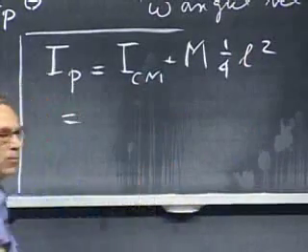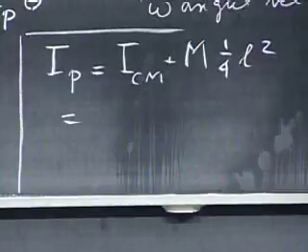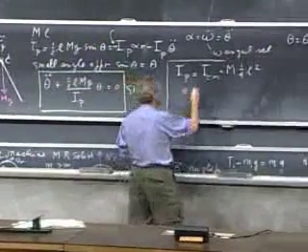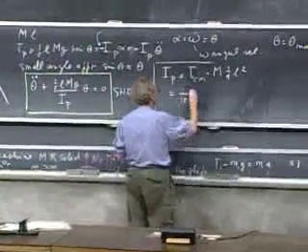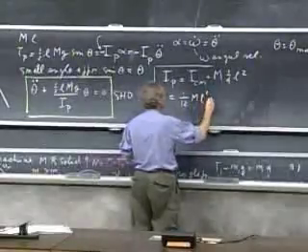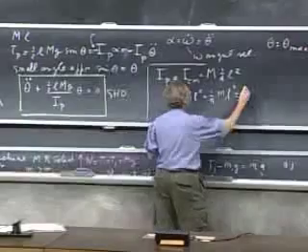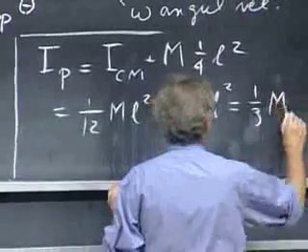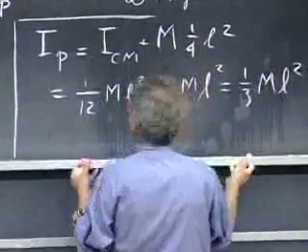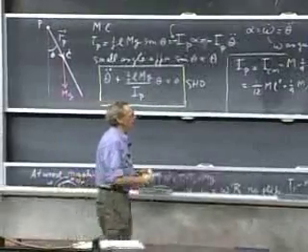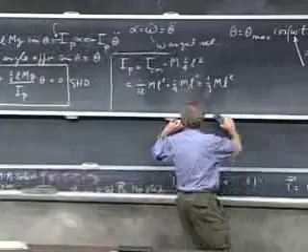I look up in a table what the moment of inertia is for rotation of a rod about its center, where the rod is perpendicular to the axis, and that is 1/12 mL squared. Plus 1/4 mL squared gives me 1/3 mL squared.